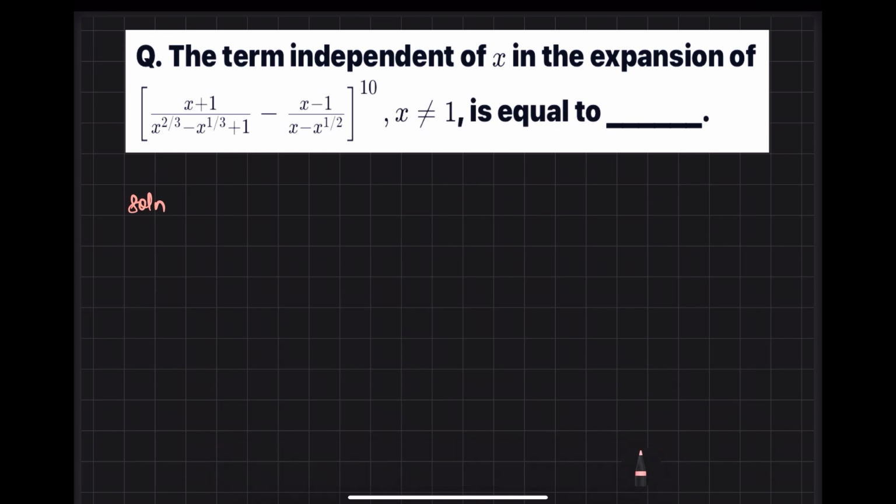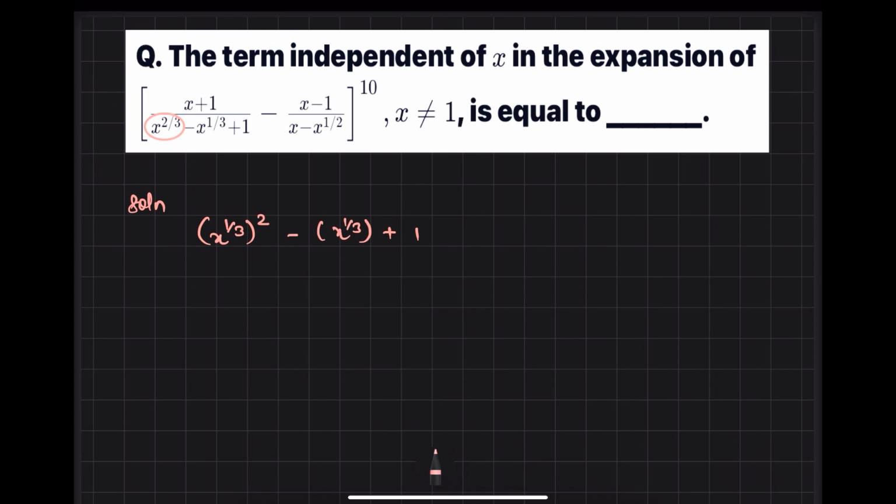Okay. So what I am observing, look at this part. Can you write this thing as the square of something? I feel that it is x power 1 by 2. No, it is 1 by 3. (x power 1 by 3) power 2, minus x power 1 by 3 plus 1.